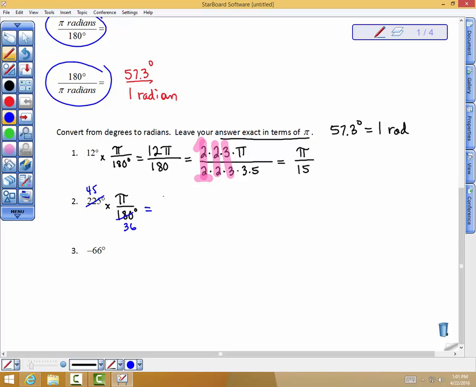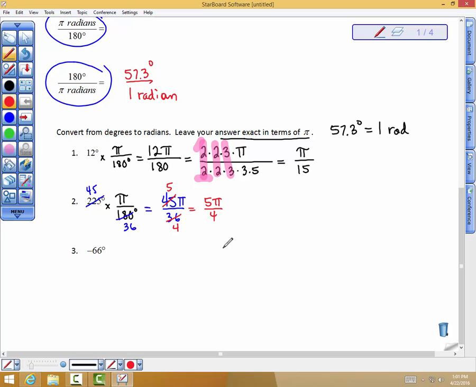So I've reduced this to 45 pi over 36. Oh, shoot, I didn't go far enough. So now I notice that 9 goes into 45 5 times, and 9 goes into 36 4 times, and finally I have reduced this satisfactorily to be 5 pi over 4.